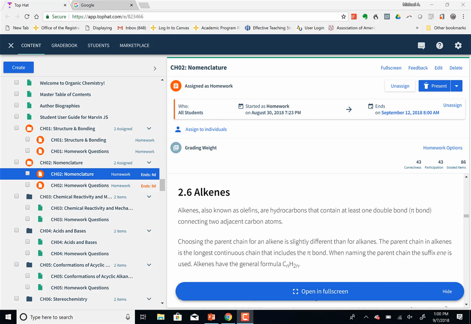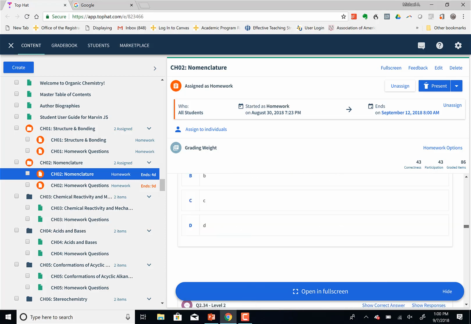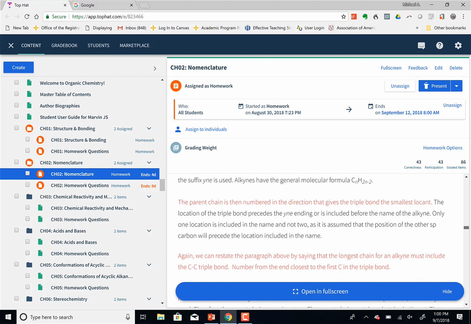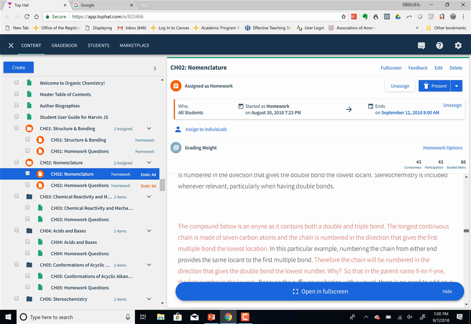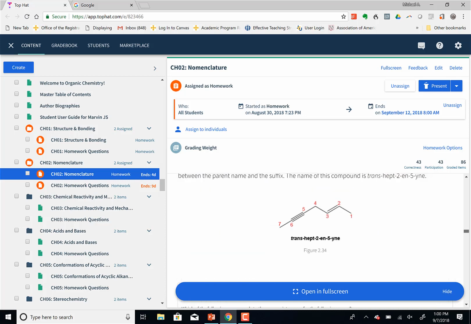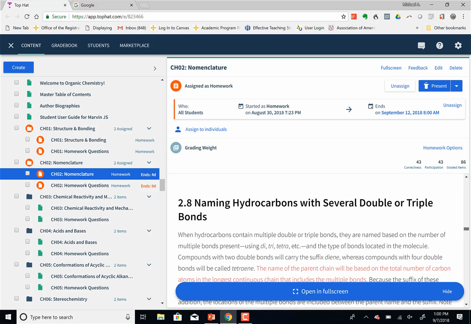I have one on a specific problem, asking about EZ, and I was just confused as to why one of them wasn't cis-trans. It was 2.34.